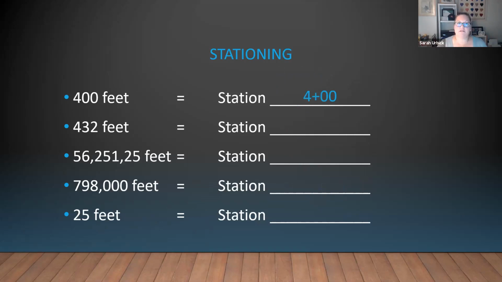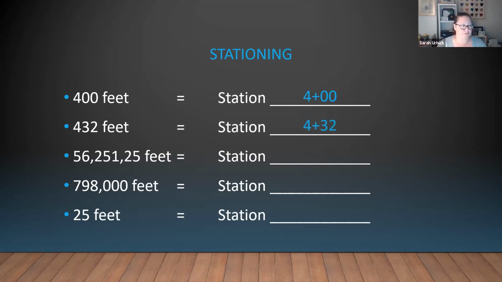That plus 0, 0 is what tells us we are dealing with stationing. Got it. Typo. I'm getting trigger happy here. Perfect. 4 plus 32. Absolutely.